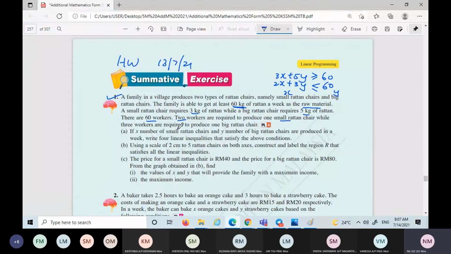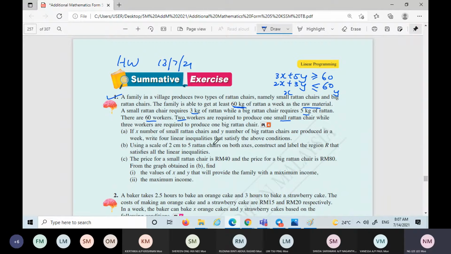If x number of small and y number of big are produced, there are four linear inequalities. Why got 4? Here got 2. In a week.